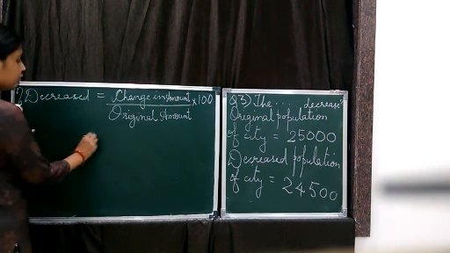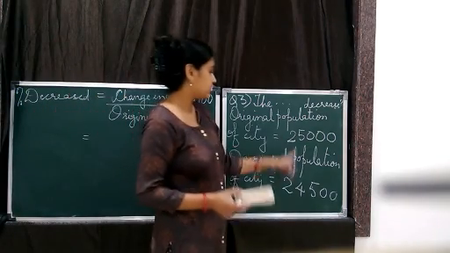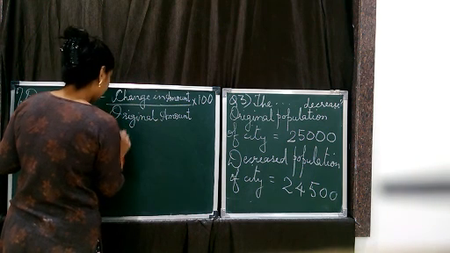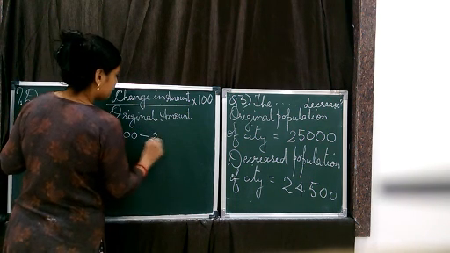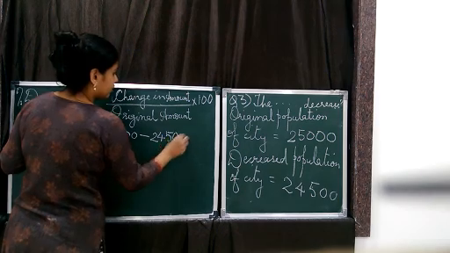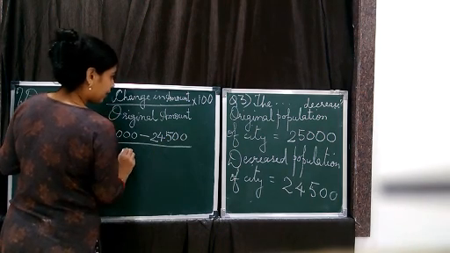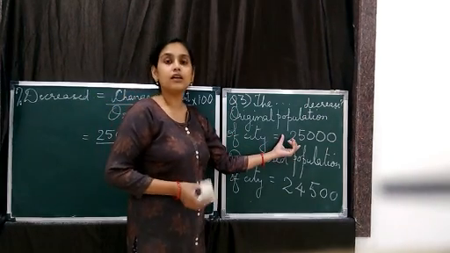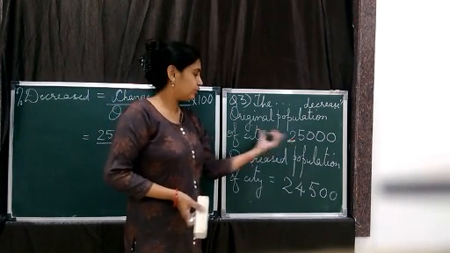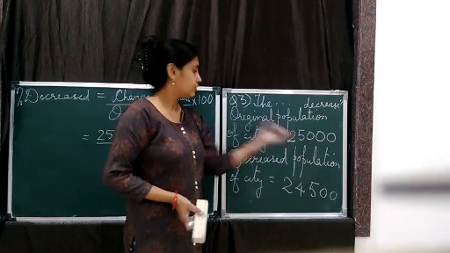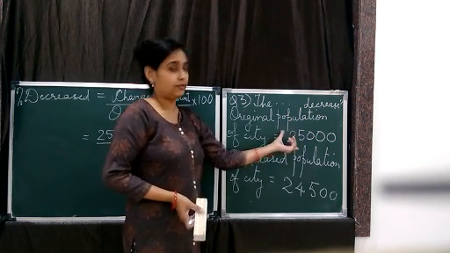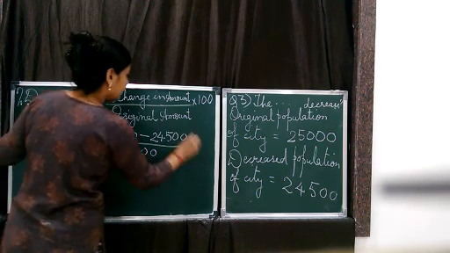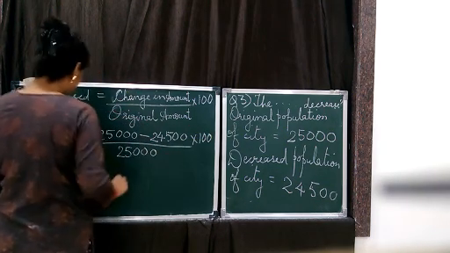So now what is the change in amount? Change in amount means the difference of these. So we'll write 25,000 minus 24,500 by original amount. Original amount means what was the amount before? What was the number before? So this is the original amount. You can say the initial amount also. So upon 25,000 into 100.